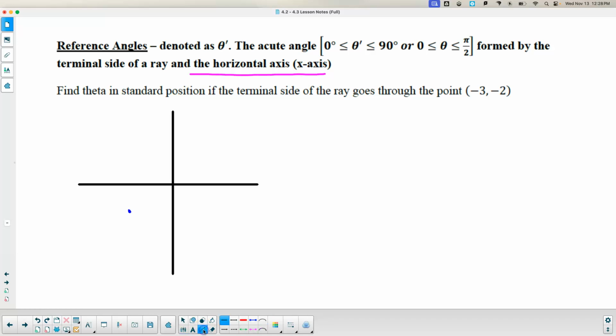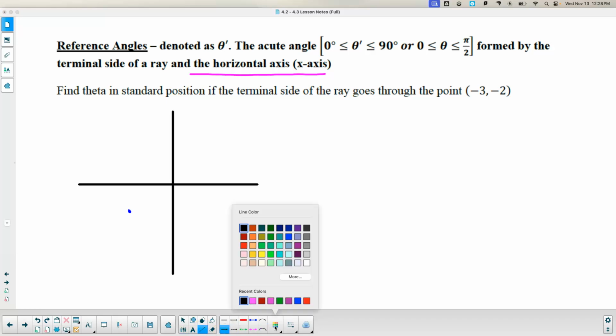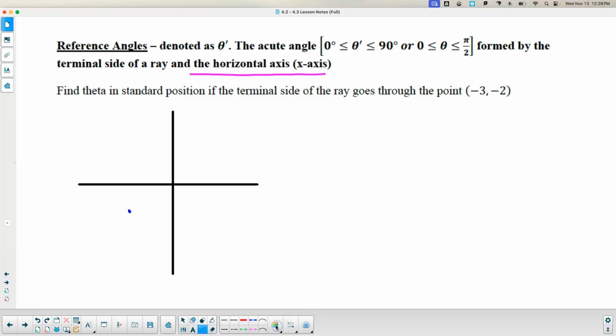Which means that terminal ray is coming through there. That terminal ray is going through the point -3, -2. Actual theta is there, correct?